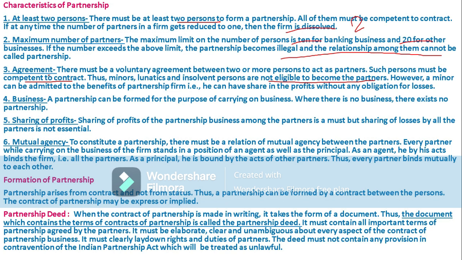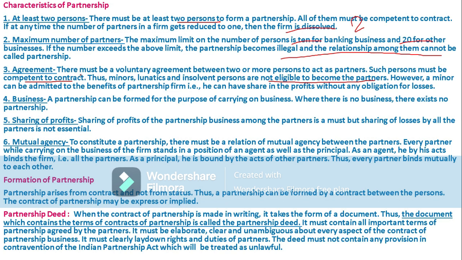Therefore, the agreement should be voluntary, and the persons should not be minors, lunatics or insolvent persons; they should be competent persons, then only the contract is considered a valid contract.